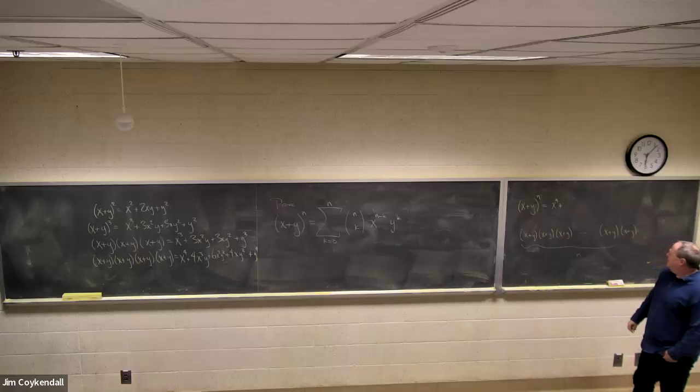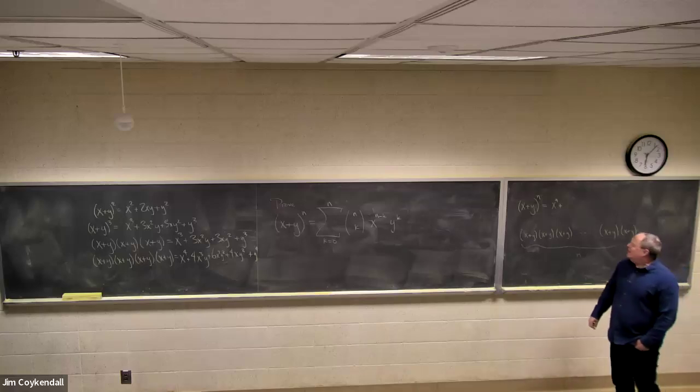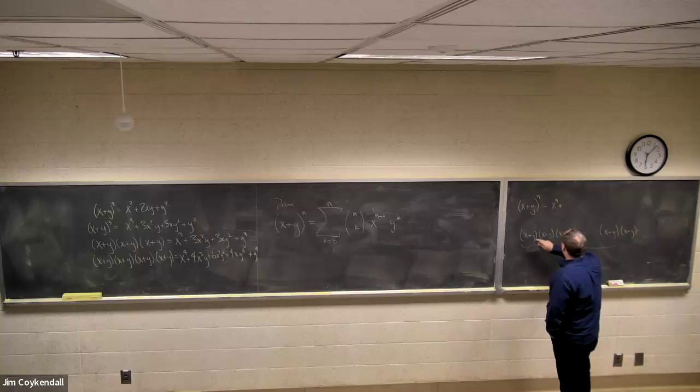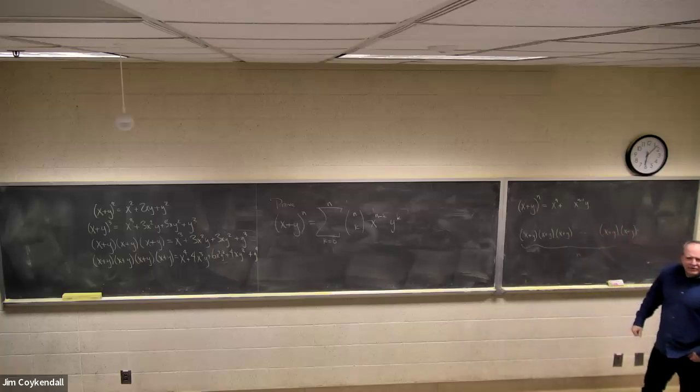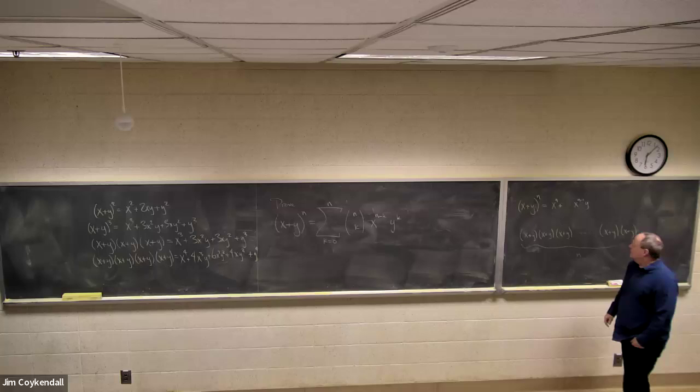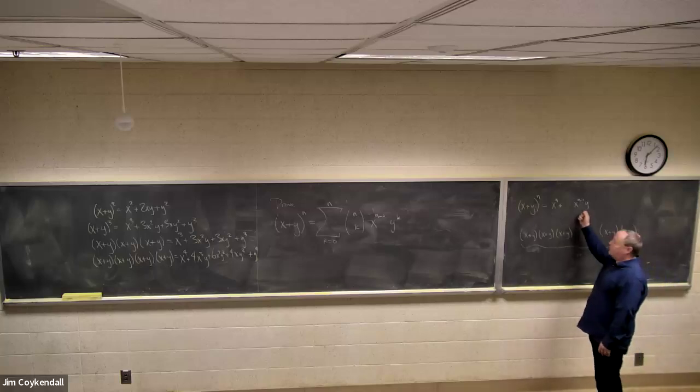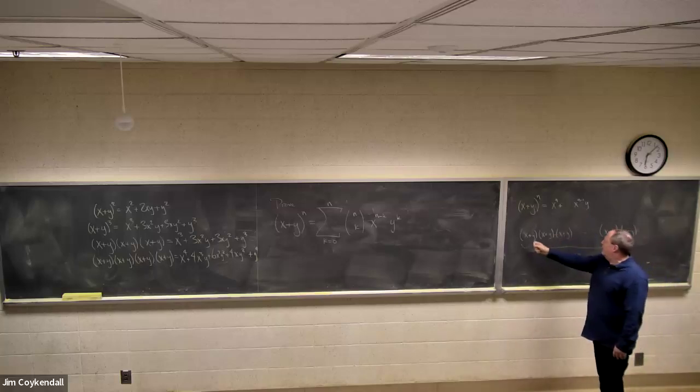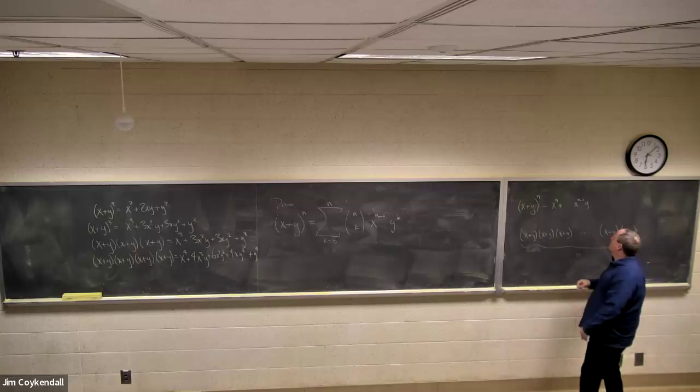How many ways are there to get all X's except for 1? Well, ask yourself this, how many ways can I pick my Y? It can either come from here, or here, or here, and so forth. There's N.